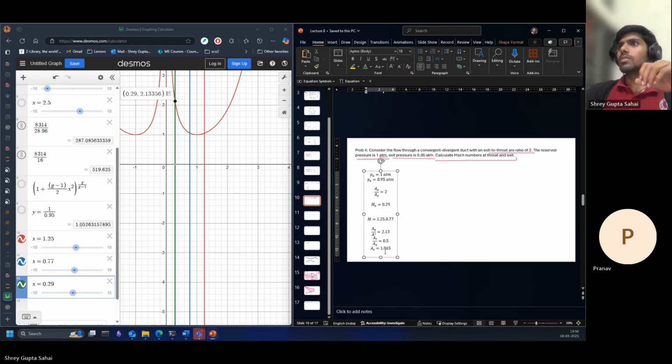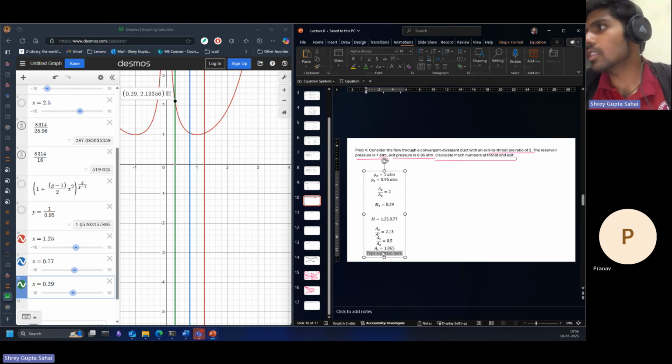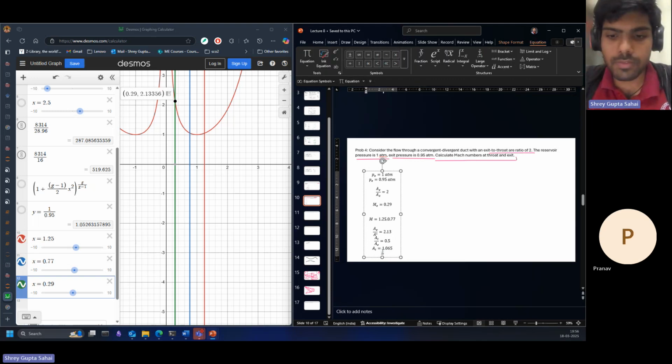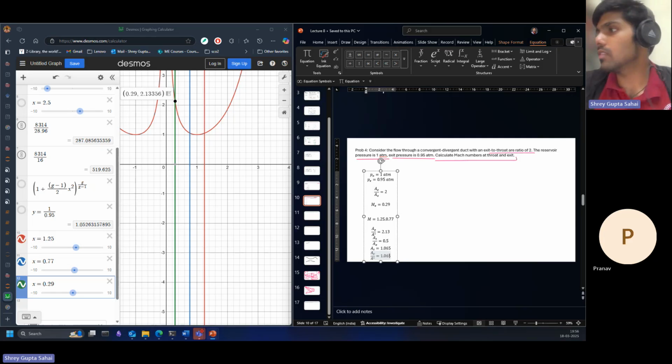At the throat, this is actually 1.065. A mistake. Do you get this?